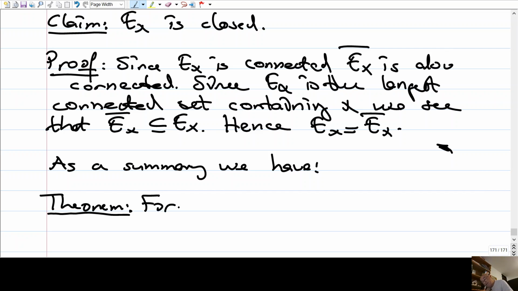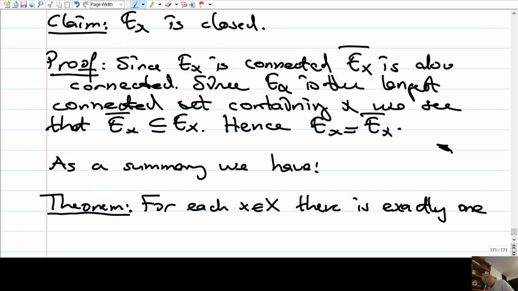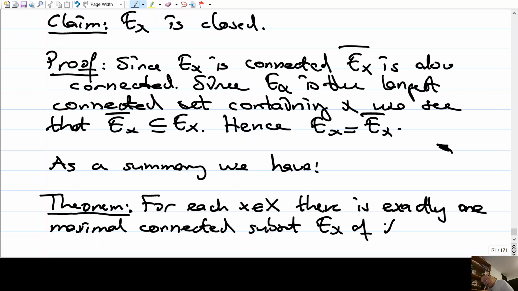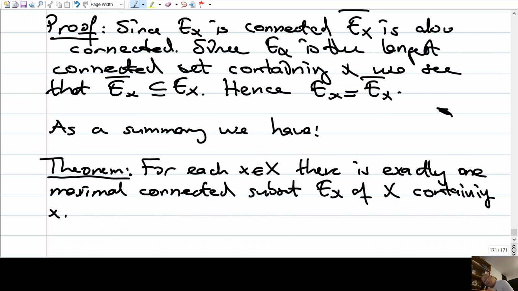For each x in X, there is exactly one maximal connected subset EX of X containing x.